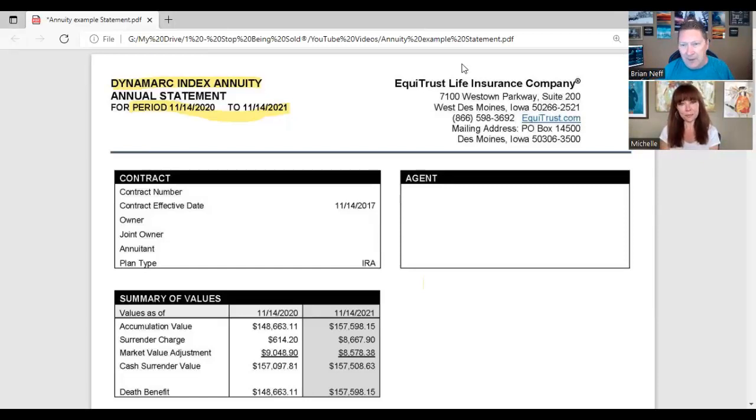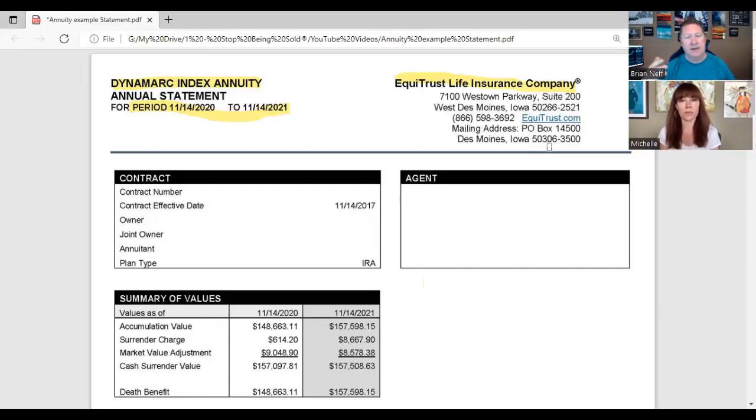Also on the right-hand side, we have the company's name and all their contact information. Here's why this is important. Look, you need to know who you're doing business with.